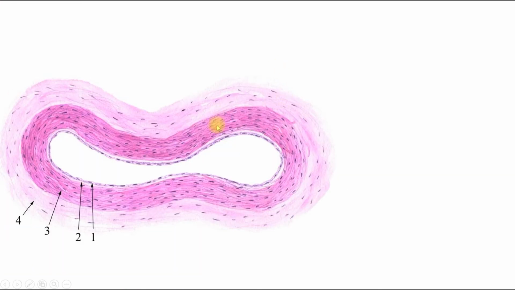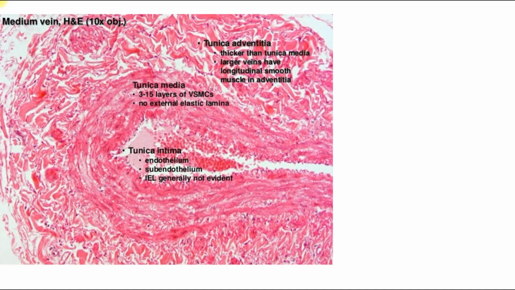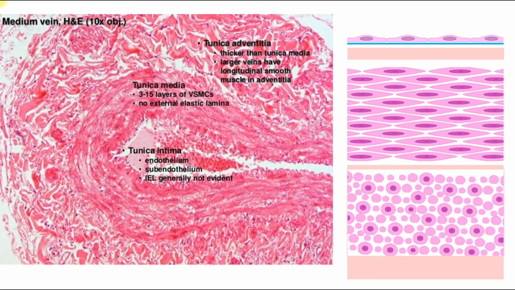And here we can see veins with middle development of muscles, and those veins may be present in the upper part of our body as well as in the lower part of our body, and usually they have valves. And veins with good development of muscles are present in lower limbs. They are present in the lower part of our body, and they have a well developed tunica adventitia with muscles, and usually they have well developed valves.